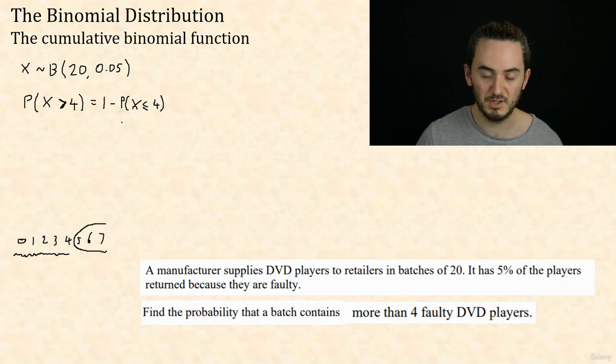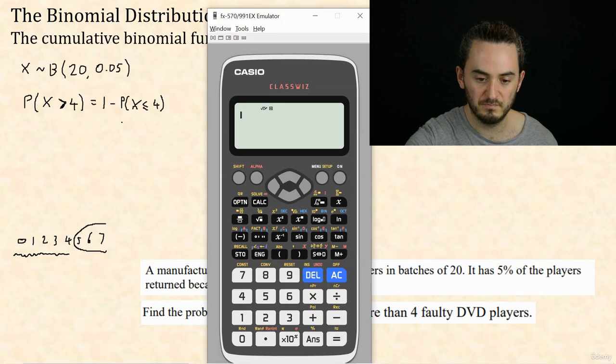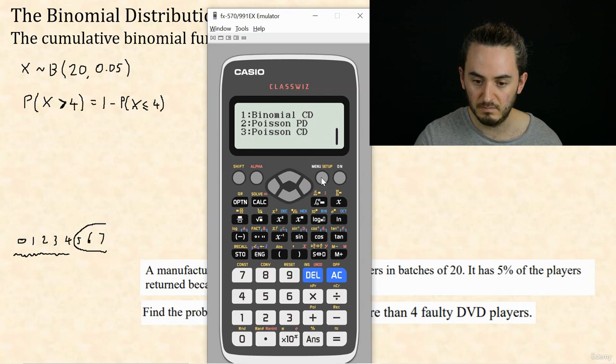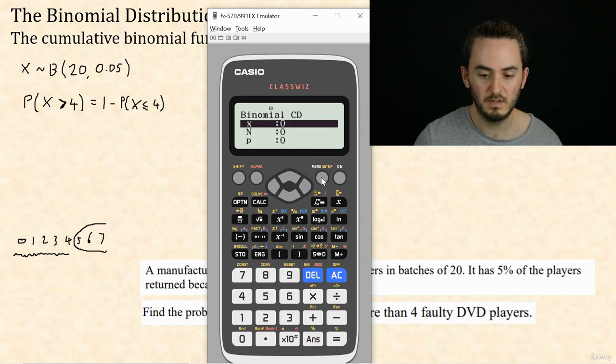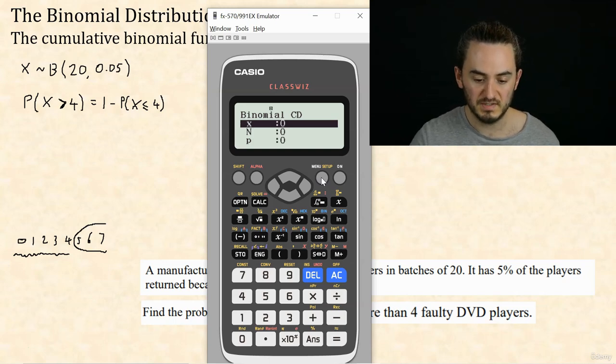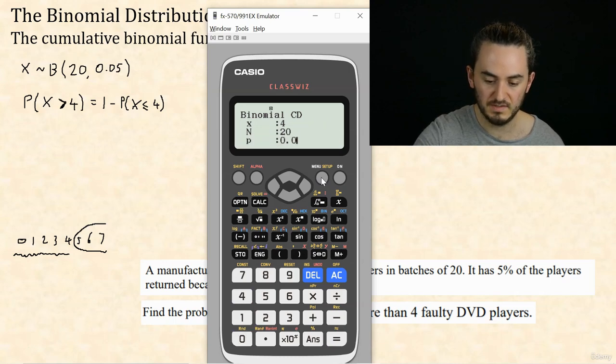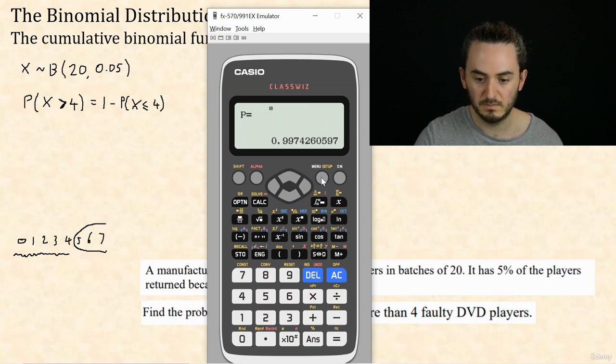And that I can solve in the calculator because I go to my menu, distribution, my binomial cumulative, and my variable. Then I can work out the probability of less than or equal to 4: x is 4, number of trials is 20, probability of success is 0.05, and there's my answer, 0.9974.